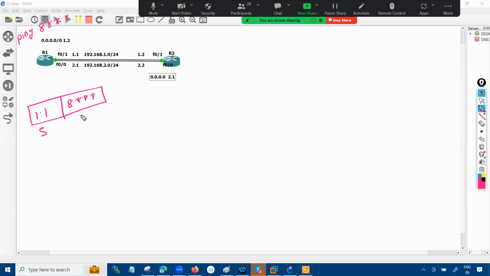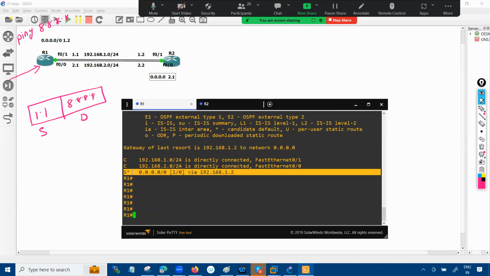That's the source and destination. So when router 1 receives this packet, what will router 1 do? According to its routing table, it sees that it doesn't have 8.0.0.0 information, but it does have a default route. And according to my routing table, I will forward the packet to 1.2.